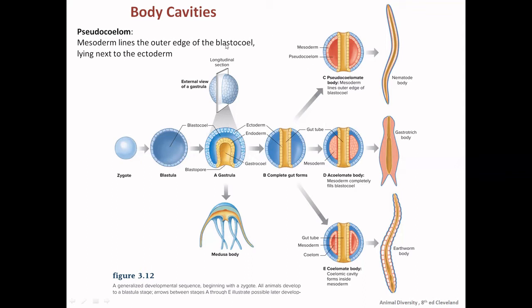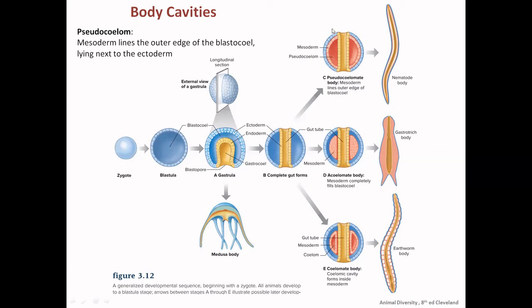This is the longitudinal section of one of the body plans we discussed earlier. After the gastrula, a complete gut forms from the inner endoderm, and there is the mesoderm layer, formed by cells coming from the blastopore, which is not shown here but will be discussed in the following slide.